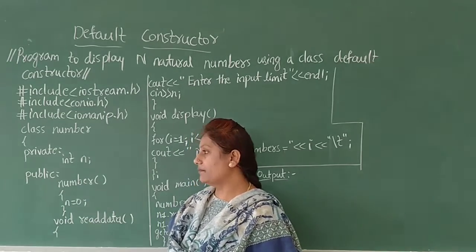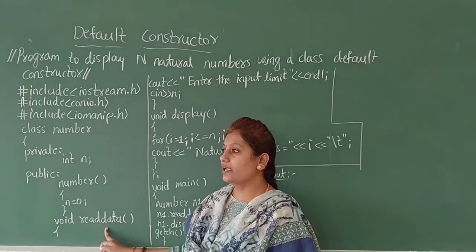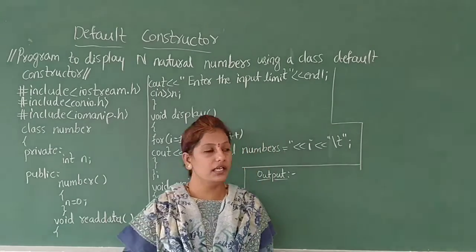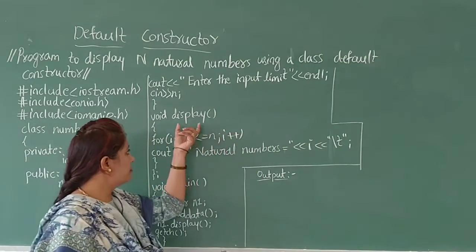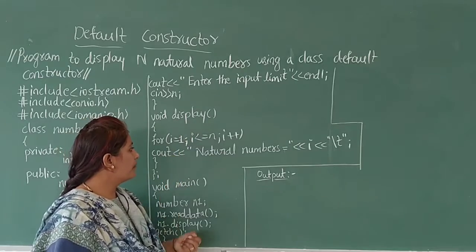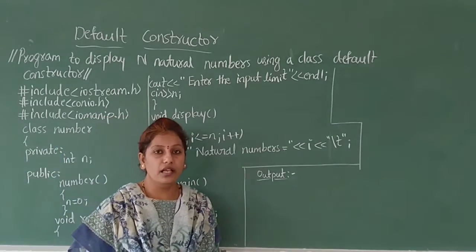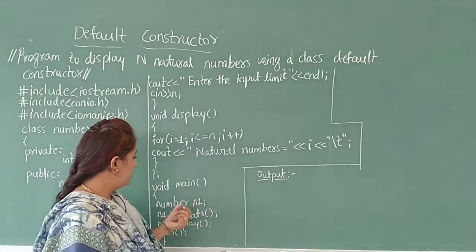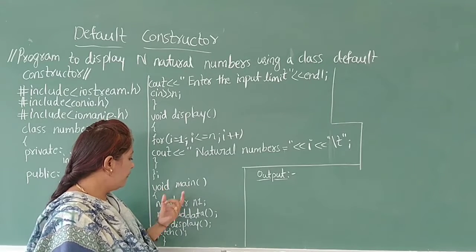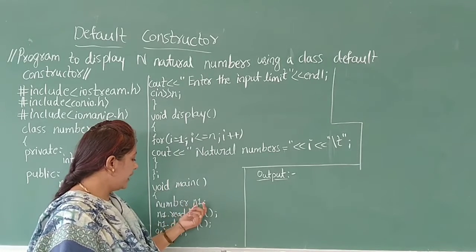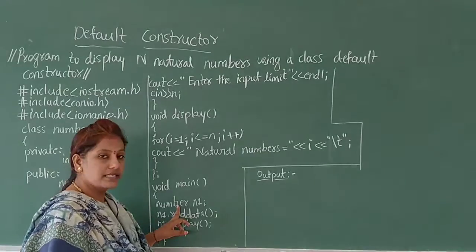Then 2 member functions are used: read data to read the input limit value, and display to display the natural numbers. Then in the main function one object n1 is created using class number.